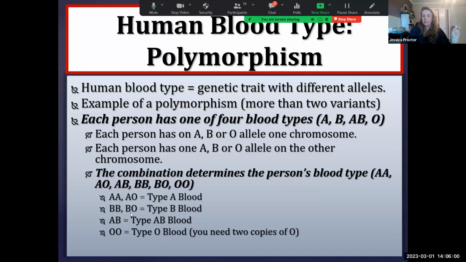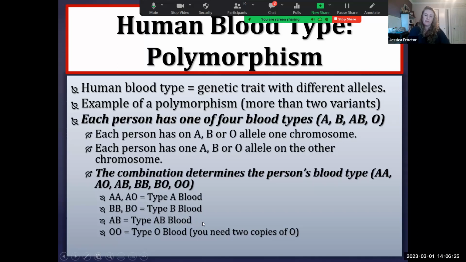Same deal for type B. So 2 possibilities for your genotype. You could inherit a B allele from both mom and dad, so BB also results in type B blood, or you can inherit a B allele from dad, for example, and an O allele from mom, or vice versa. But as long as you have at least one dominant B, your overall blood type is still type B.